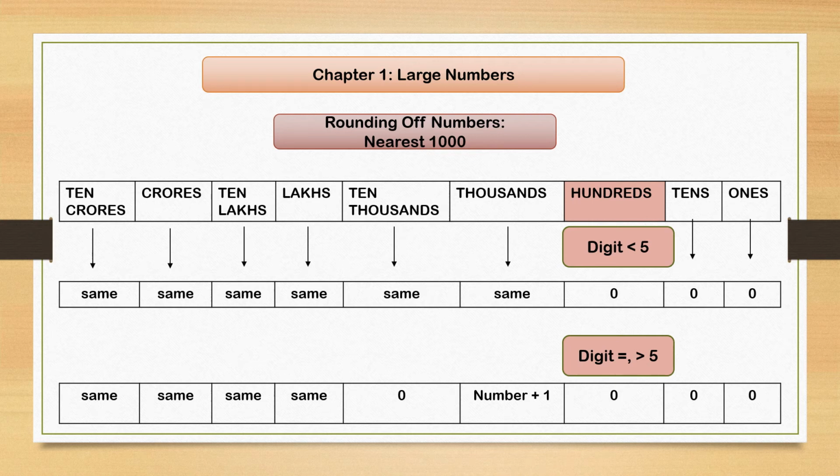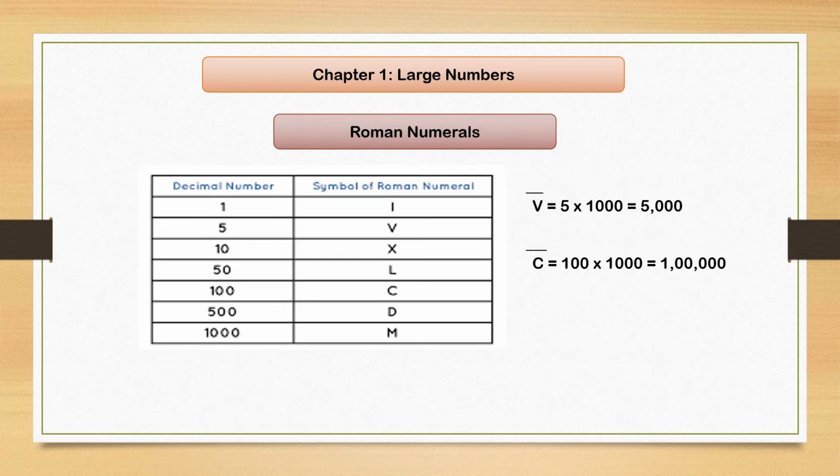Second rule, if the hundreds digit is 5 or more than 5, we replace the digits on hundreds, tens and ones place by 0 and add 1 to the digit at the thousands place. Now the same procedure will be applied for rounding off numbers to the nearest 10 as well as to the nearest 100.